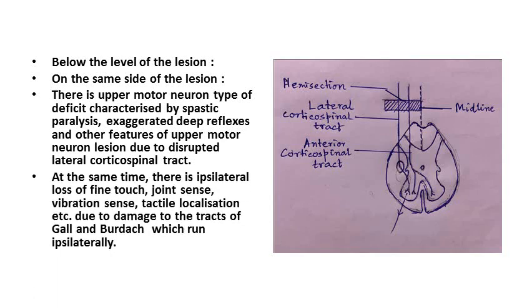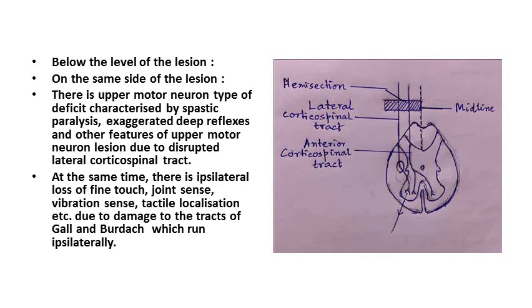Now at the same time, there is ipsilateral loss of fine touch, joint sense, vibration sense, tactile localization, etc., due to damage to the tracts of Goll and Burdach which run ipsilaterally.